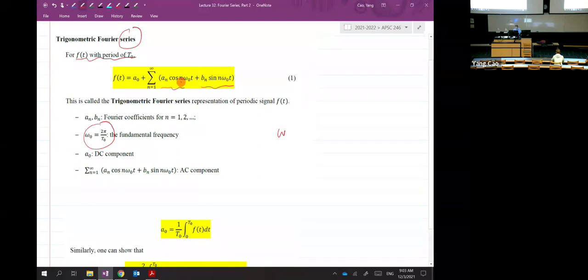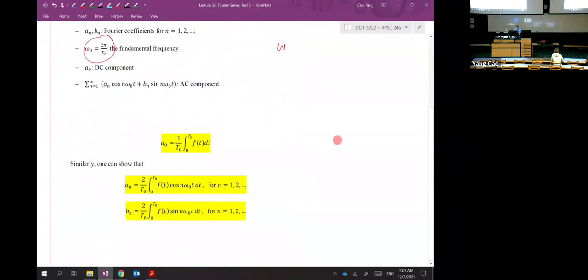As you can see in the formula, the rest of the terms are all multiples of omega naught, the fundamental frequency. That's why sometimes we call this a harmonic motion: it consists of a fundamental frequency plus other frequencies that are multiples of the fundamental frequency.